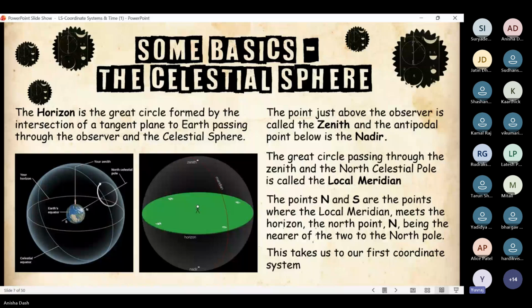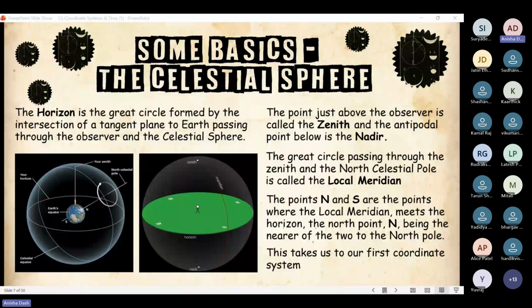Actually, the name was local meridian, so I thought it was also observer dependent. Yes, it is observer dependent, because the zenith is observer dependent. The zenith is the point on the celestial sphere directly above the observer.